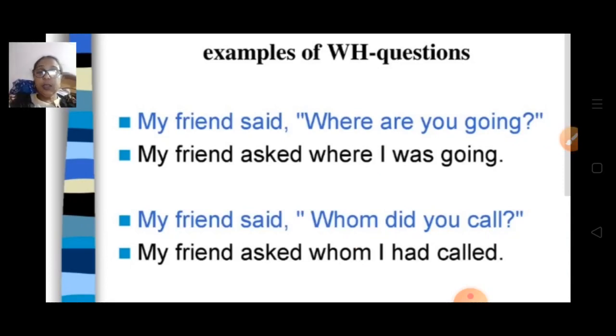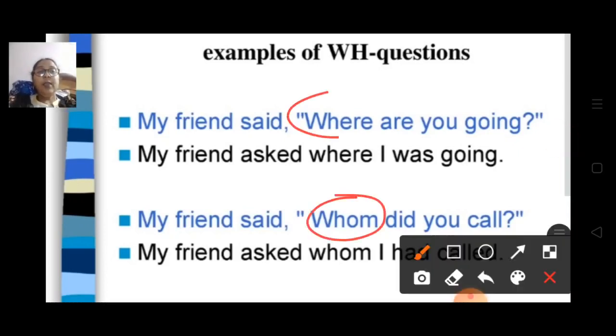But in questions, because here you can see it is using whom and where, it will stay as whom and where, same as it is written in the direct speech. Whatever is written in the direct speech, we just copy it in the indirect speech to form interrogative sentences.